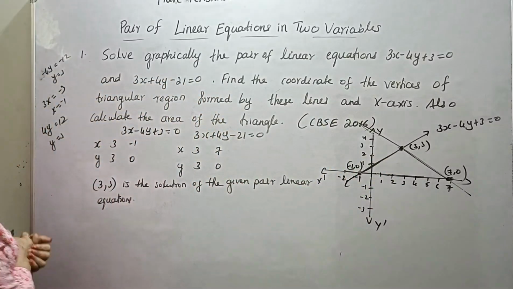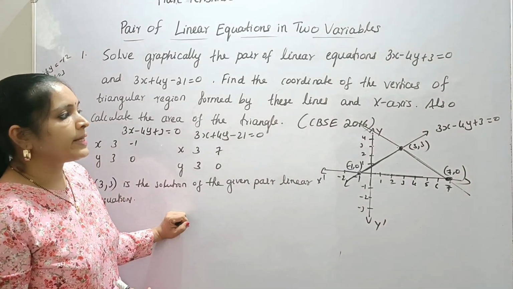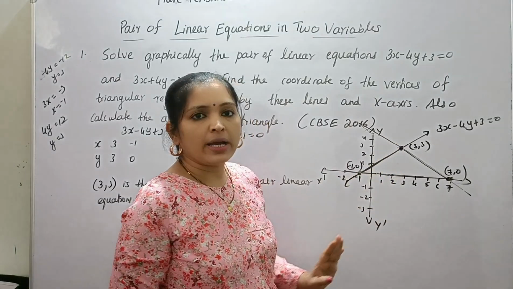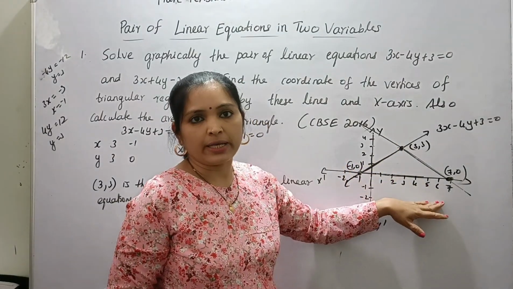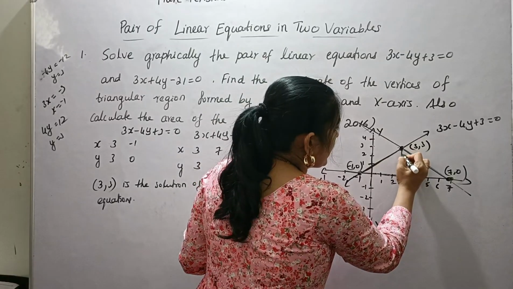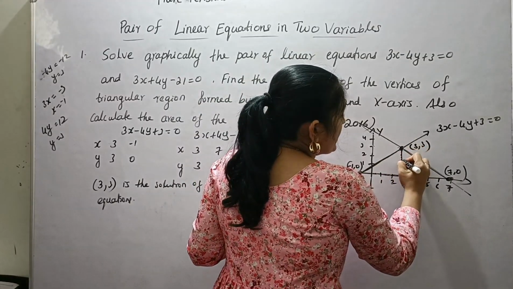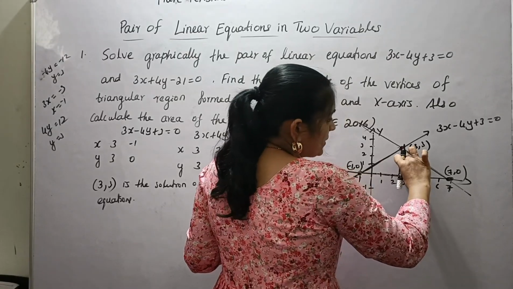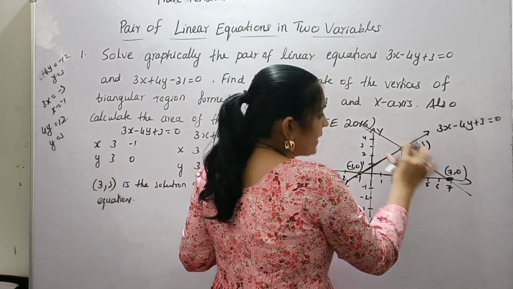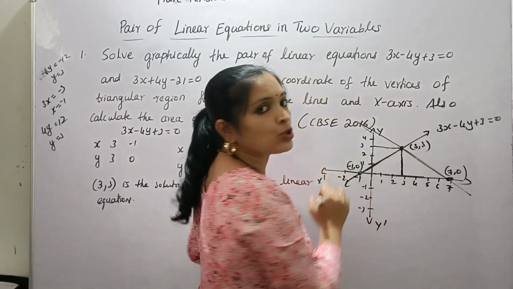We know that the area of the triangle is 1 by 2 into height of the triangle into base of the triangle. Right? So here, how to find the height? See, it is the height. What is the length? It is the point 3, 3. That means it is 3 and this length is also 3.